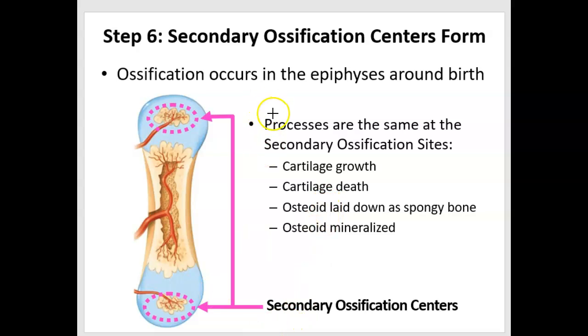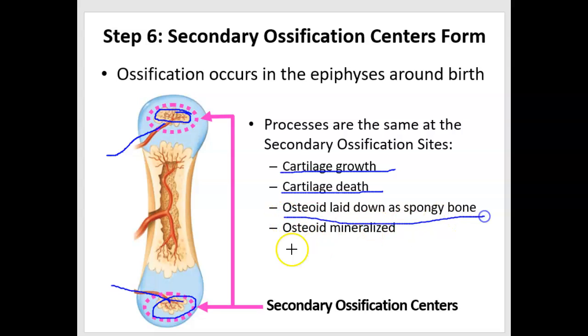In the last step, what happens is two secondary ossification sites form in response to receiving some blood, and this occurs in the epiphyses of the bone. And first you'll see cartilage growth, then cartilage death, and then with the blood come the osteoprogenitor cells, so that we lay down spongy bone and bring in the minerals to make it nice and hard.